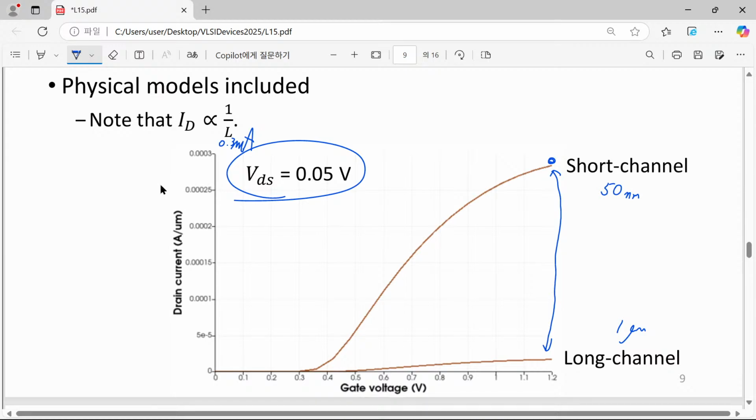This corresponds to 50 microamp, so the value would be 10 or 20 microamp for this long channel device. When you make a comparison, you can find that there is at least one order of magnitude difference in the drain current value. That is quite much expected.